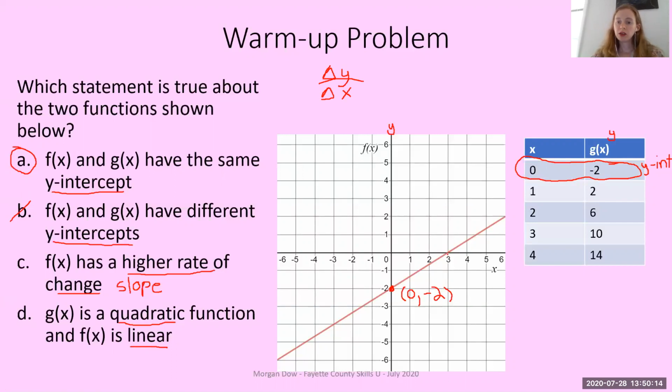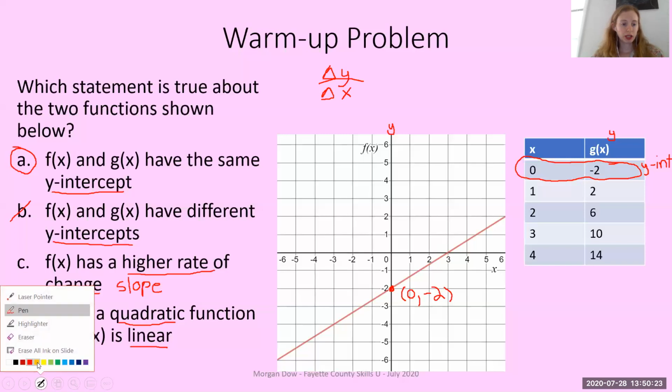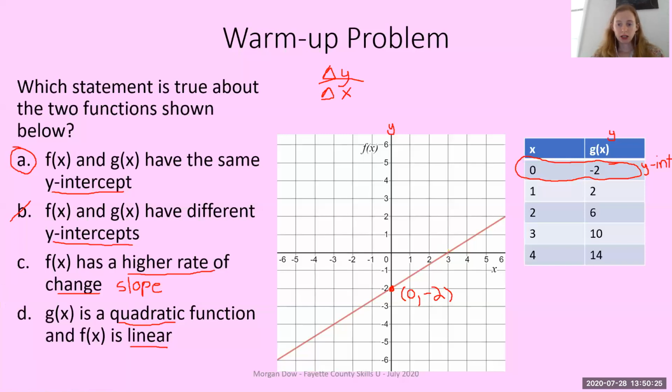I've already got 1 point on here, this red point. I'm going to pick a second point located right here, this yellow point. This yellow point is at 3 on the x-axis, and it is at 0 on the y-axis.